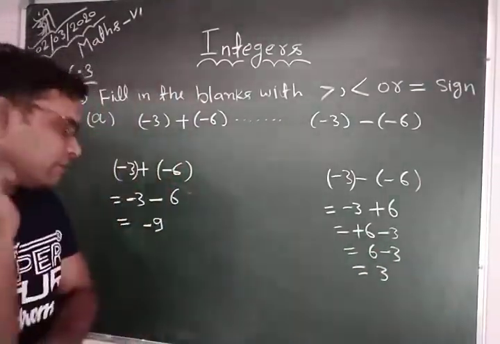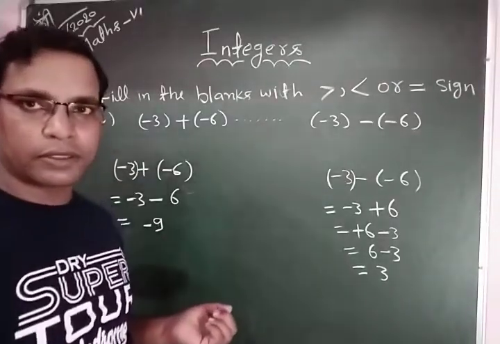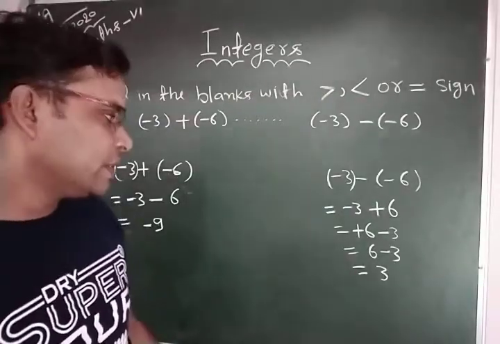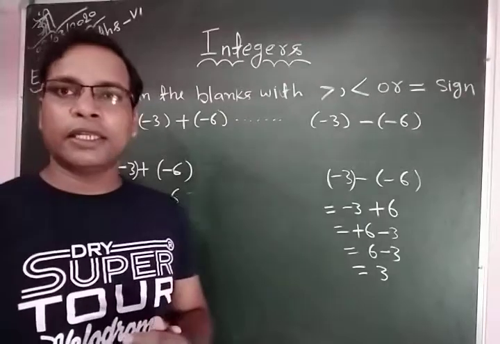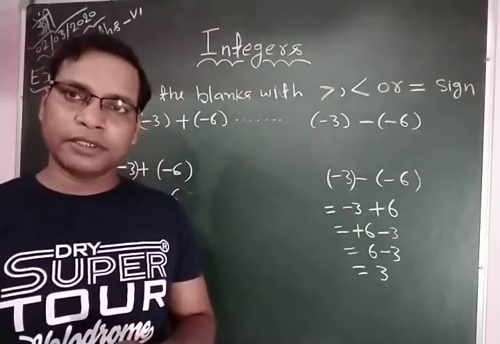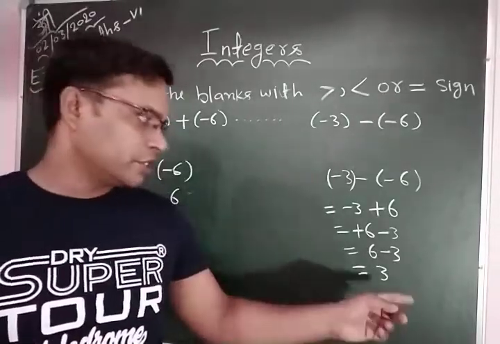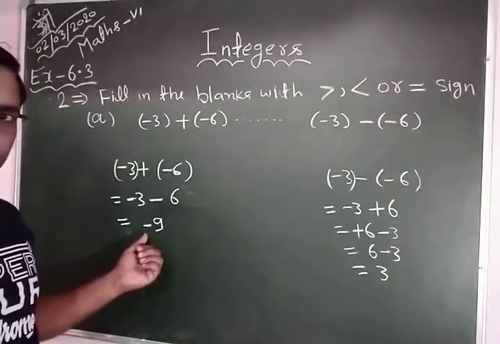So you can tell me who is greater, minus 9 or 3? This is minus 9 and this is 3. So who is greater? Every positive integer is greater than every negative integer. This is a positive integer, this is a negative integer.